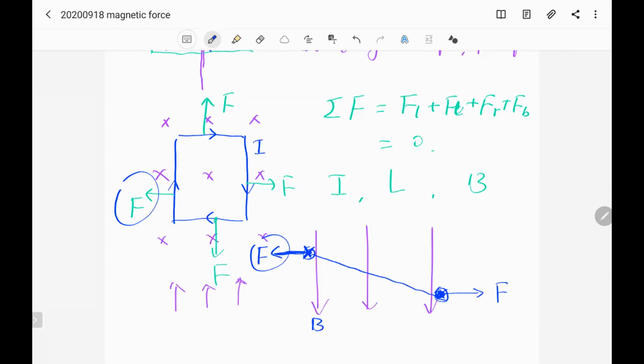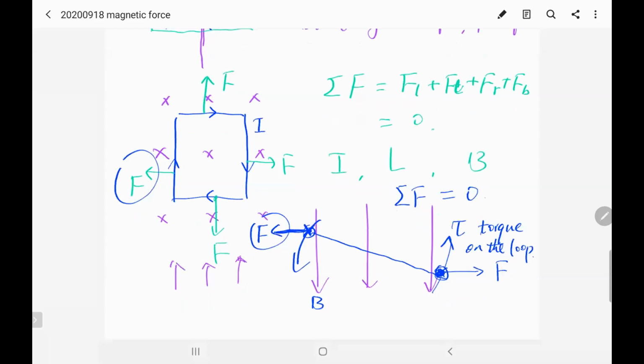Then in this case, you will find the net force is also equal to 0, but the force and the loop have an angle. If there is an angle, then the force is going to rotate this loop, so we say there is a torque on the loop. Then the loop is going to spin in this way, right? Counterclockwise.